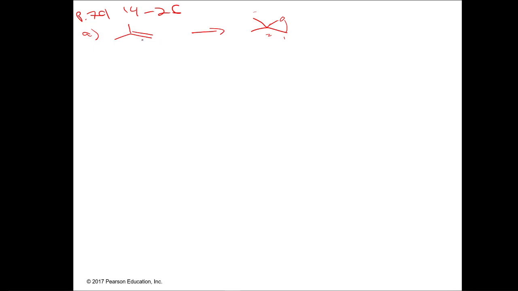So essentially, we've just converted this into an epoxide, and we can do that with just MCPBA. Okay, one step.